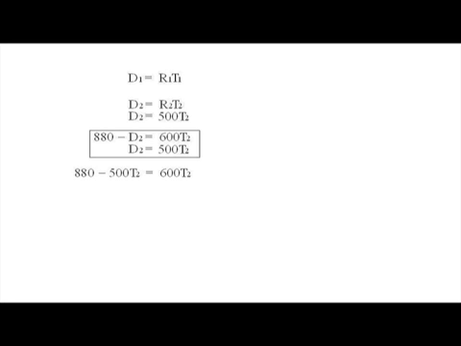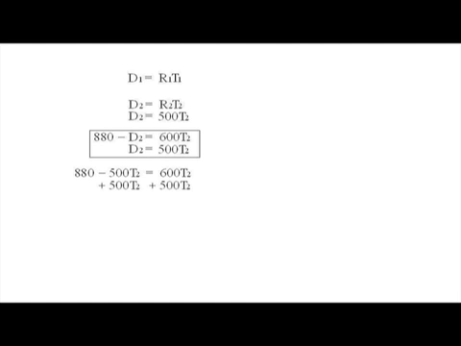It is going to become 880 minus 500 t2, because that's what d2 equals, 500 t2. And that will equal 600 t2. Do you notice what we've done? We have finally gotten 6 variables down to one variable, which is t2. We now have a formula with only one variable in it.